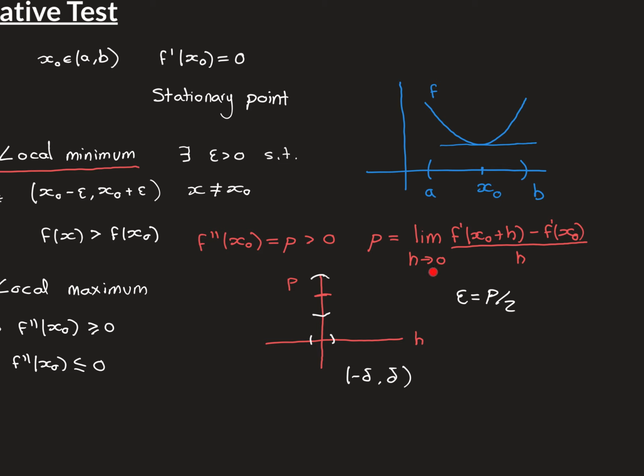So the fact that this limit exists, the fact that the second derivative exists, means that we're saved. I don't need to put any more criteria on the existence for the first derivative. I just need the fact that the first derivative exists at x0 and is equal to 0, and the second derivative also exists there and is greater than 0.